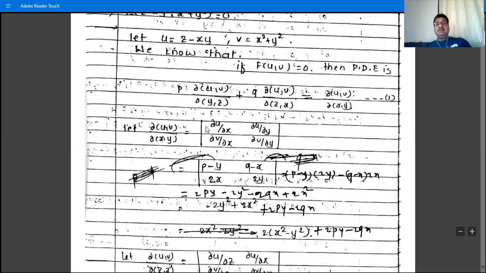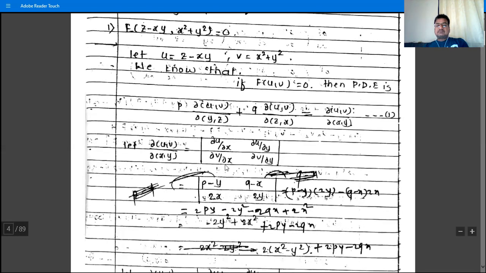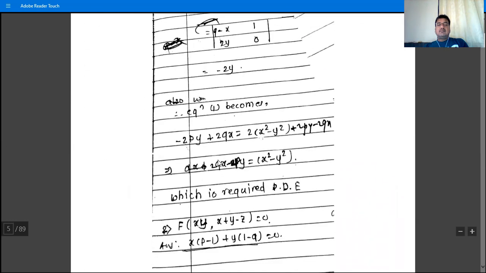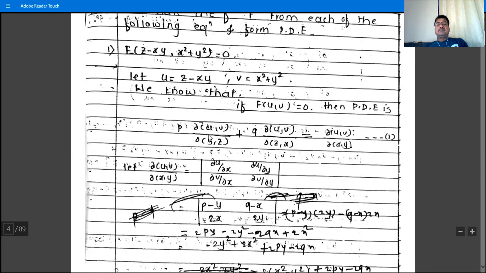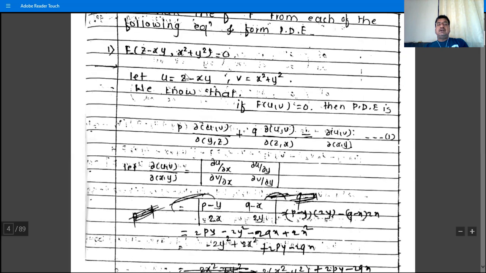And then ∂u/∂x is what? ∂u/∂x is ∂z/∂x, that is p, minus the derivative of x into y with respect to x, which is y, because ∂x/∂x is 1.